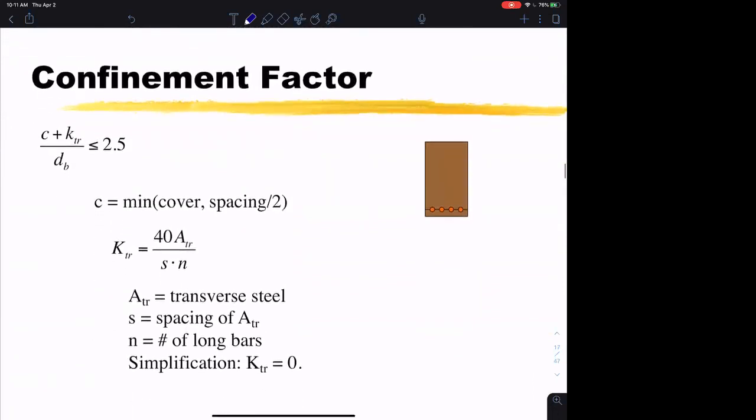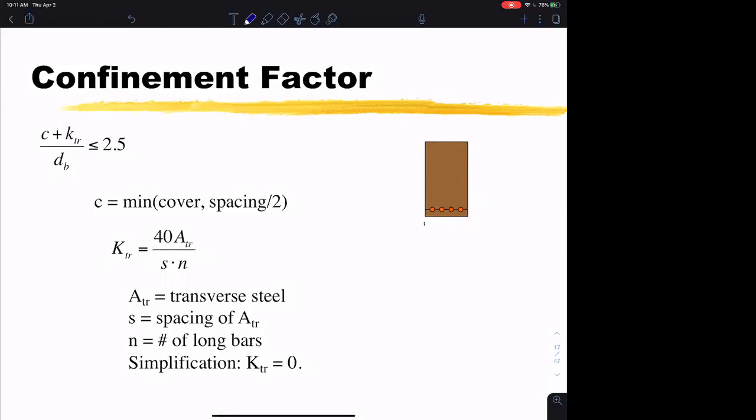Confinement factor, c plus Ktr over db. That whole thing has to be less than 2.5. c is the minimum of the cover or the spacing over 2.